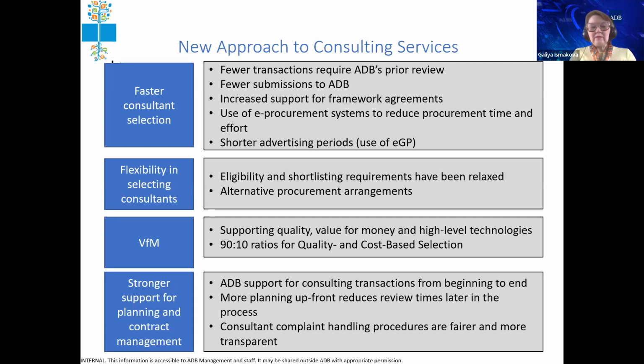In terms of supporting quality and value for money and high-level technologies, we moved from the standardized 80-20 ratio for quality cost-based selection to a 90-10 ratio of quality cost-based selection, which mostly signifies to the markets that our attention to the quality of the proposals and quality of consulting services is paramount.